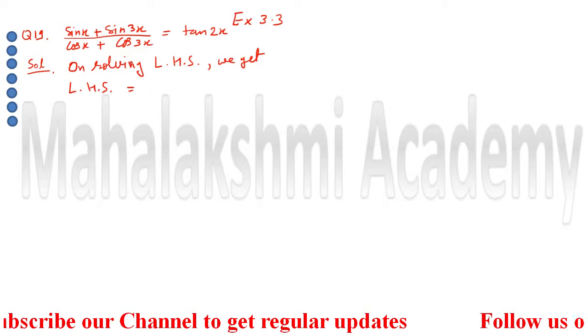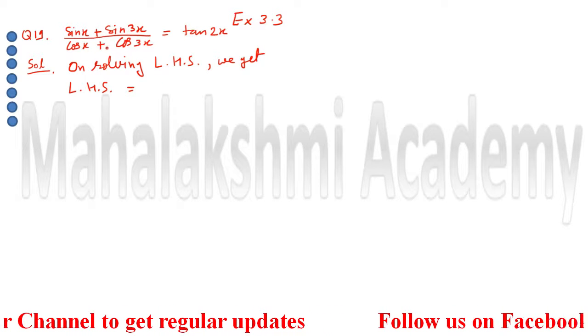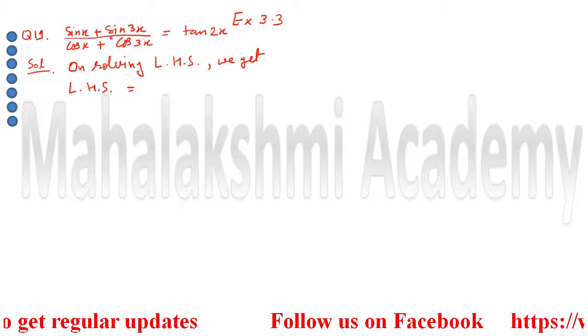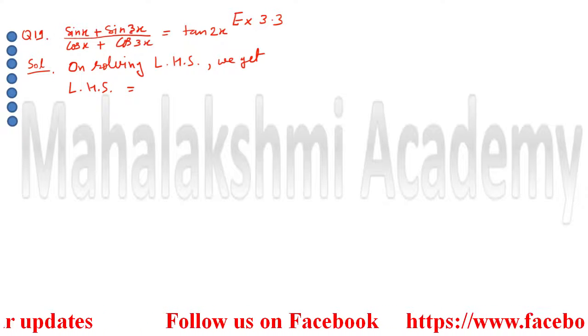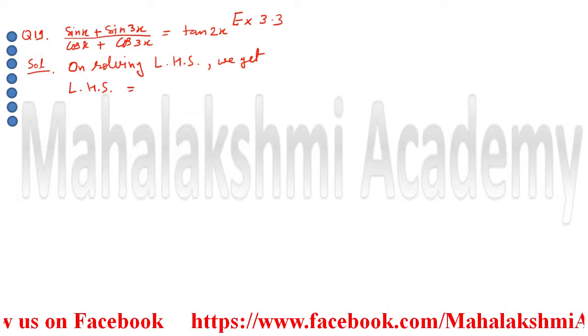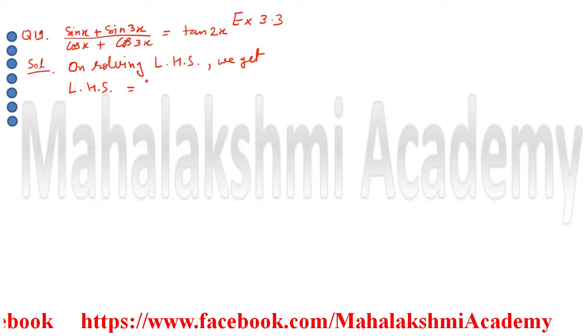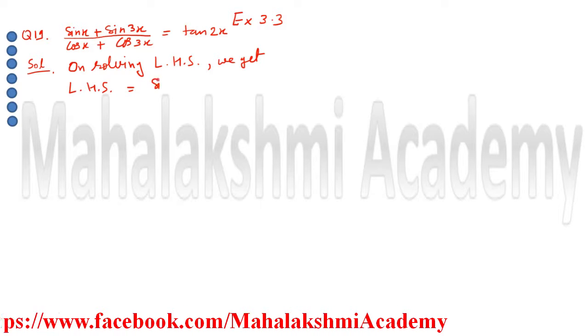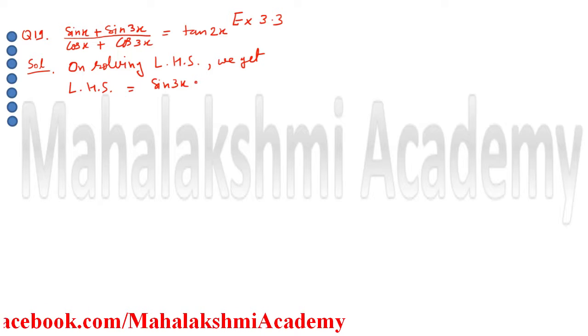Sin x plus sin 3x divided by cos x plus cos 3x. So students, here you can see that the greater angle is 3x. That's why I am writing 3x at first place. I am just changing their order. That is sin 3x, then sin x.